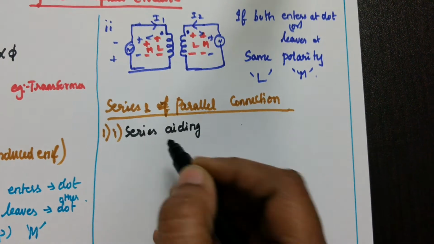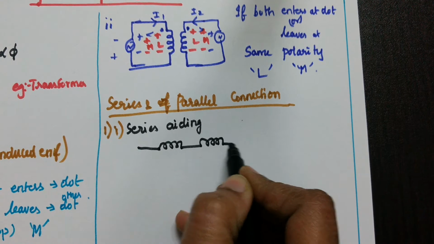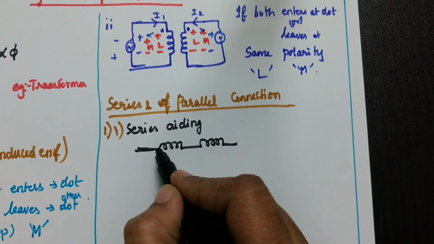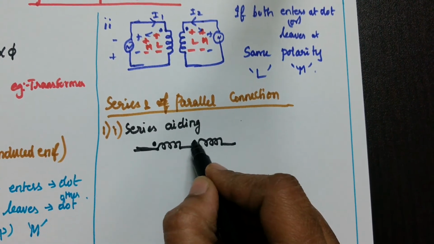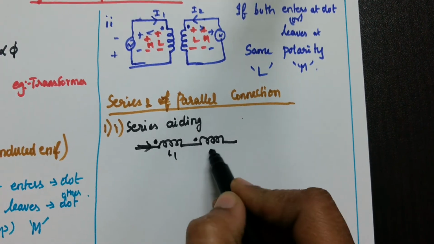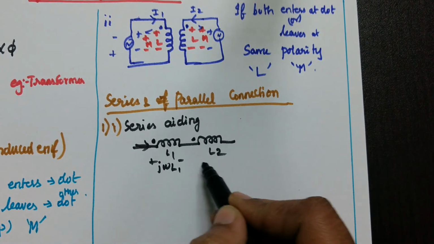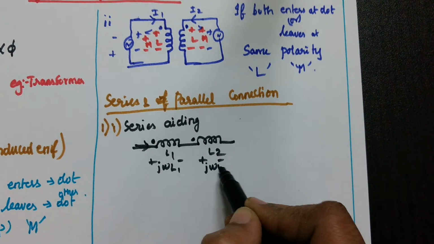If coupled coils are connected in series, and the dot is represented here, this is the series aiding connection. For L1, L2, plus minus j omega L1, here plus minus j omega L2.